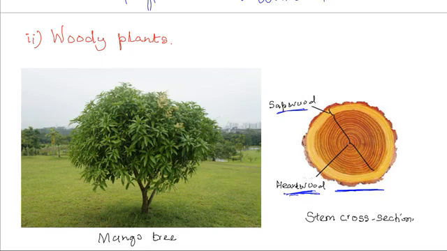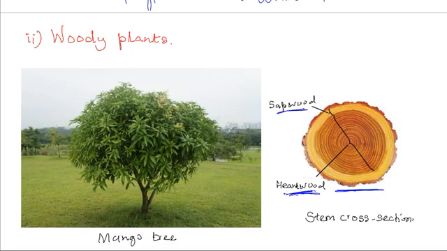So the heavy lignification of the secondary xylem provides great mechanical support. So woody plants, as the name suggests, have heavily lignified secondary xylem, that is known as wood, as the main source of mechanical support. In addition, they derive support from collenchyma and sclerenchyma, especially in the young stems.